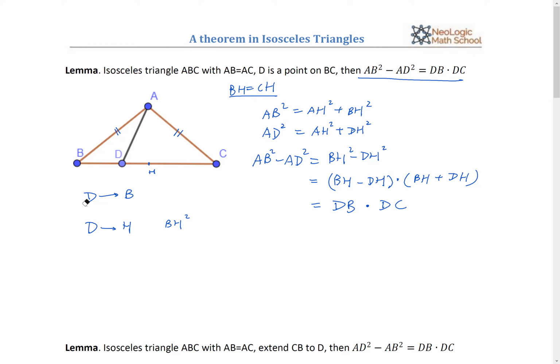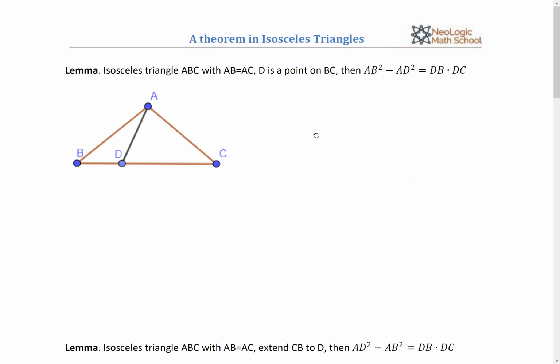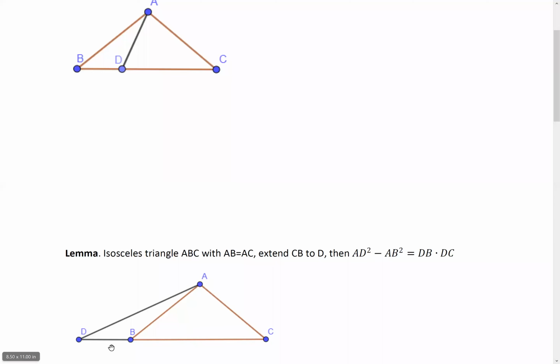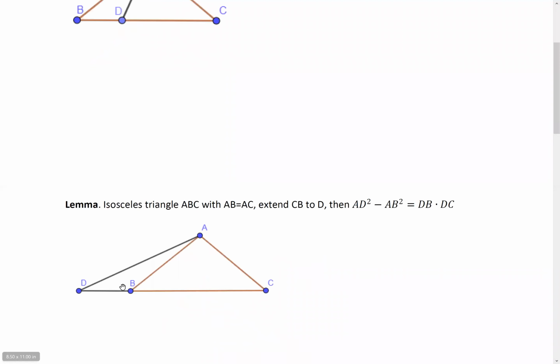Okay, what about point D moving out of BC? Actually, the theorem does not change. Let's take a look. If you have this point D on the extension of BC, on one side of it, all right? It's not within, but beyond BC.